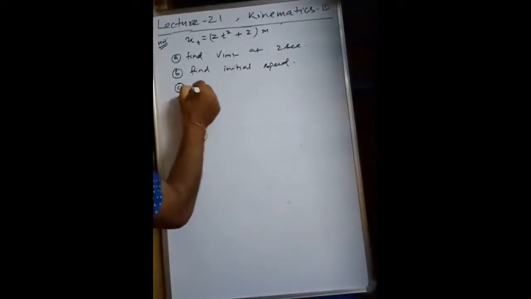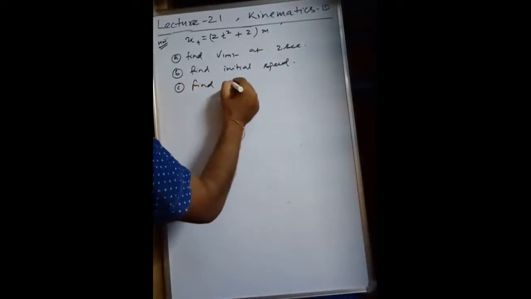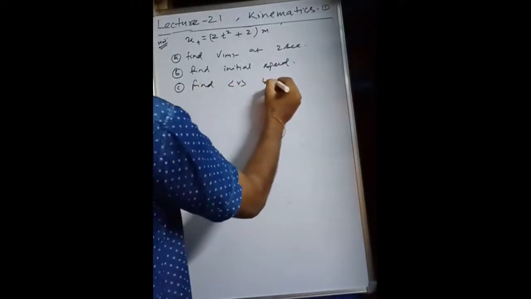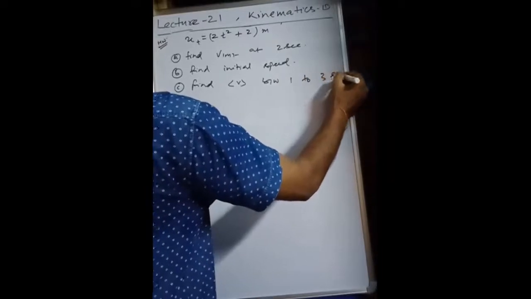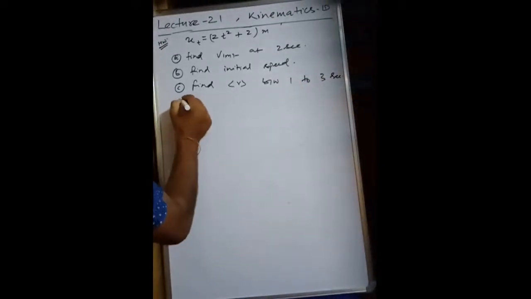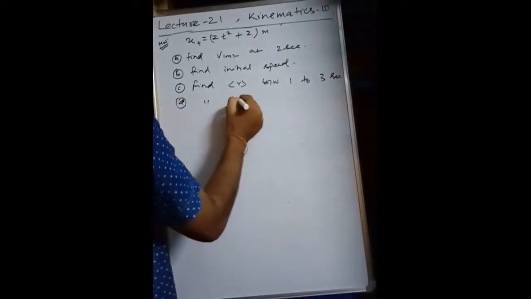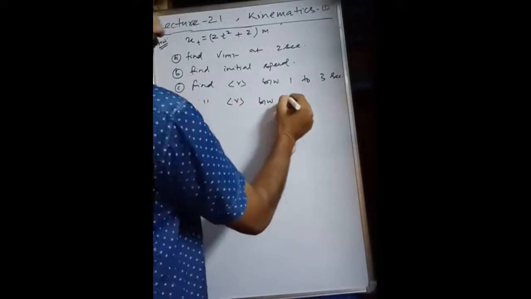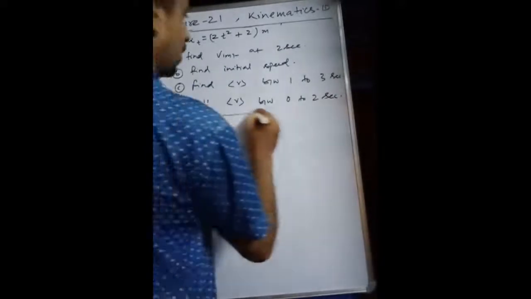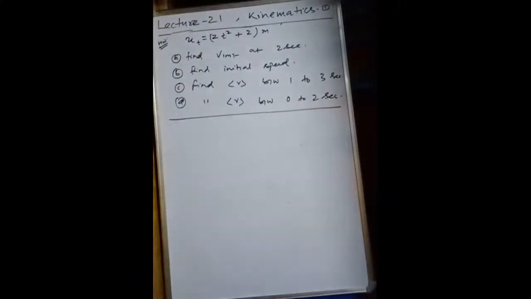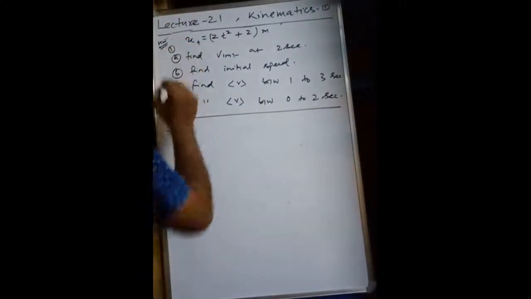Third, find average speed between 1 to 3 seconds, and D, find average speed between 0 to 2 seconds. This is your homework. Okay, my dear student, the first homework.